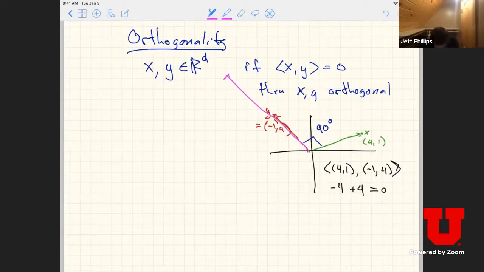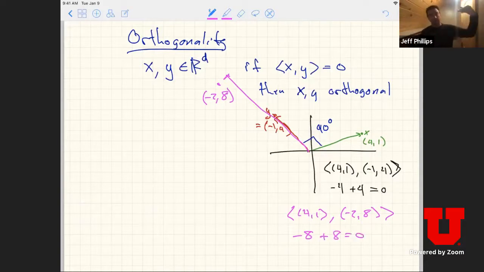What's going to happen here? I'm going to have (4, 1) dot (-2, 8). I'm going to get -8 plus 8. This is still 0, right? So if I multiply it by 2, they're still going to be orthogonal with each other. It doesn't matter the scale here, it just matters the angle in between these vectors.